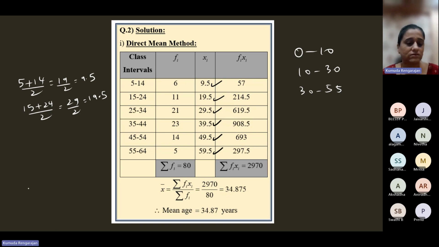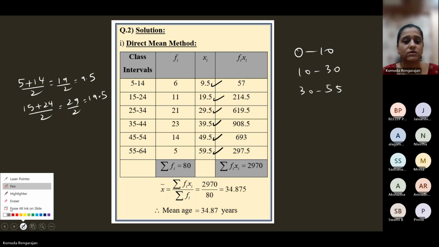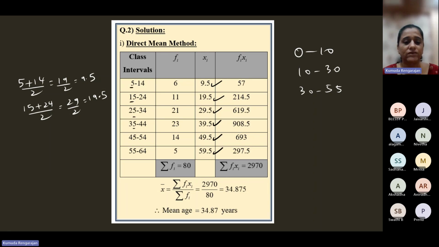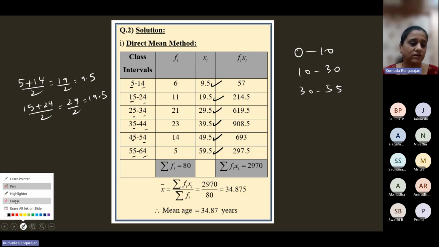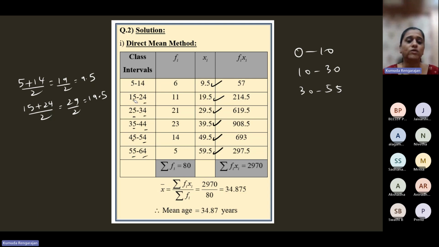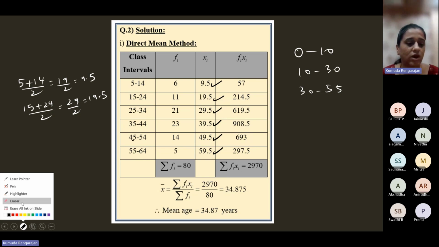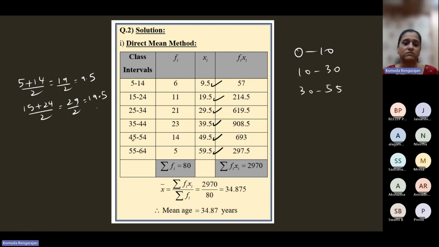You can see here 5, 15, 25, 35, 45, 55, and 14, 24, 34, 44, 54, 64. But then you can just find 2 of it and then follow that rhythm and complete the others. So the xi column is the class mark: upper limit plus lower limit by 2.